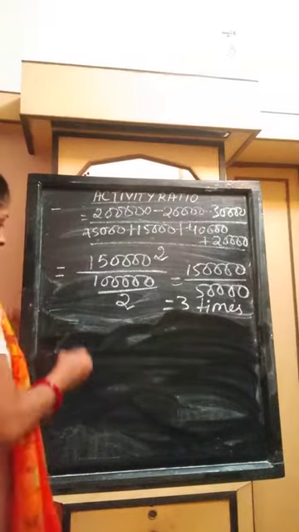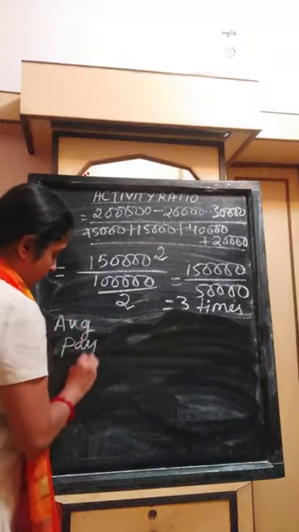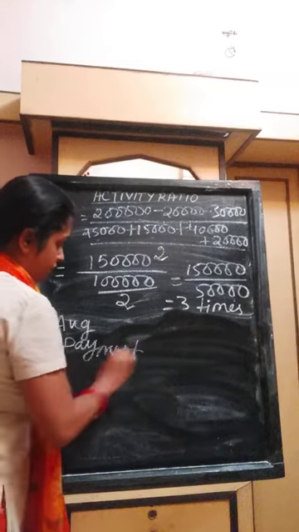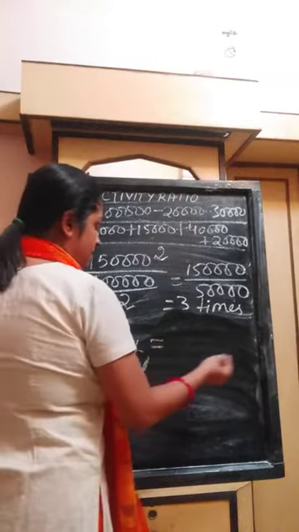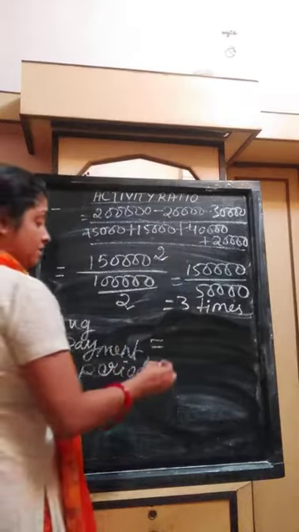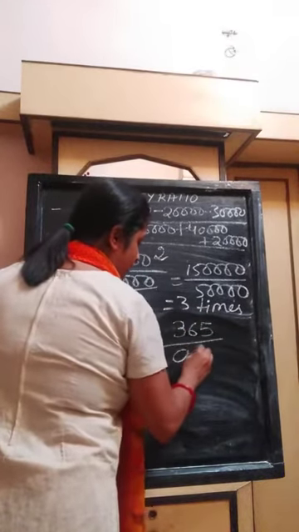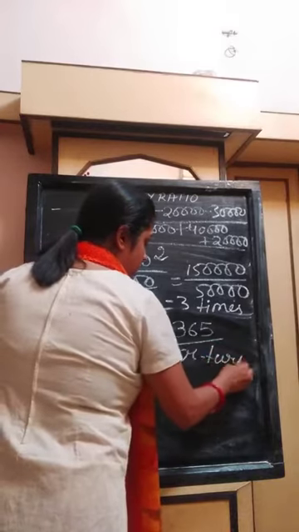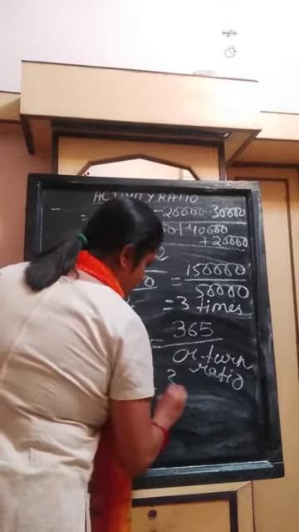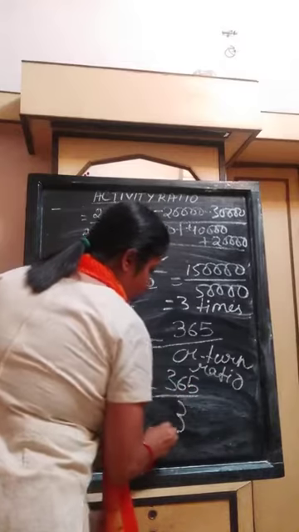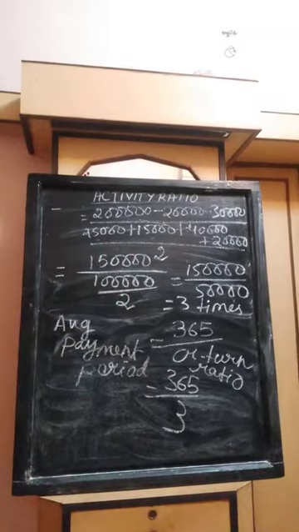Now we will find out the average payment period. Average payment period will be just the same as average collection period. That is 365 days by creditors turnover ratio. This is the formula of average payment period. That is 365 divided by 3.